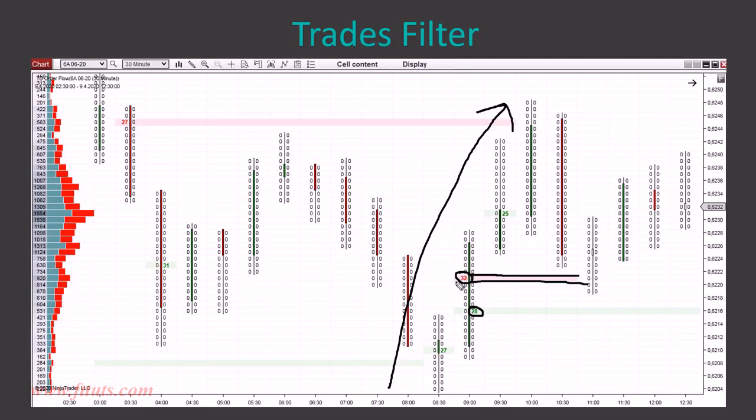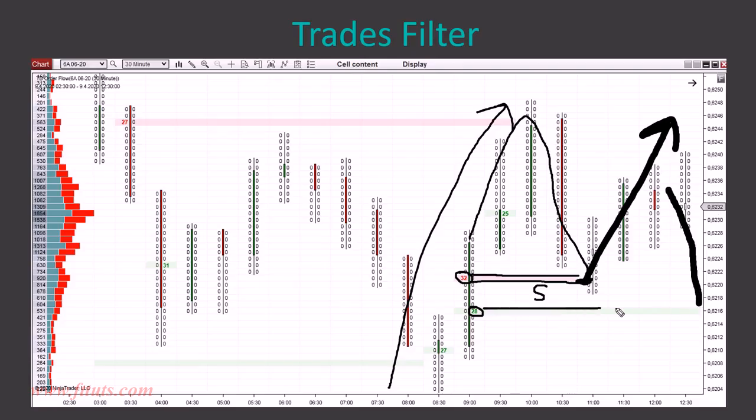This is probably a limit order, but it doesn't really matter. If it was limit or market order, this was a support. Price went above it, returned back with a pullback and long from there. If in the future the price hit this support, the lower one, it would also be a long from there.